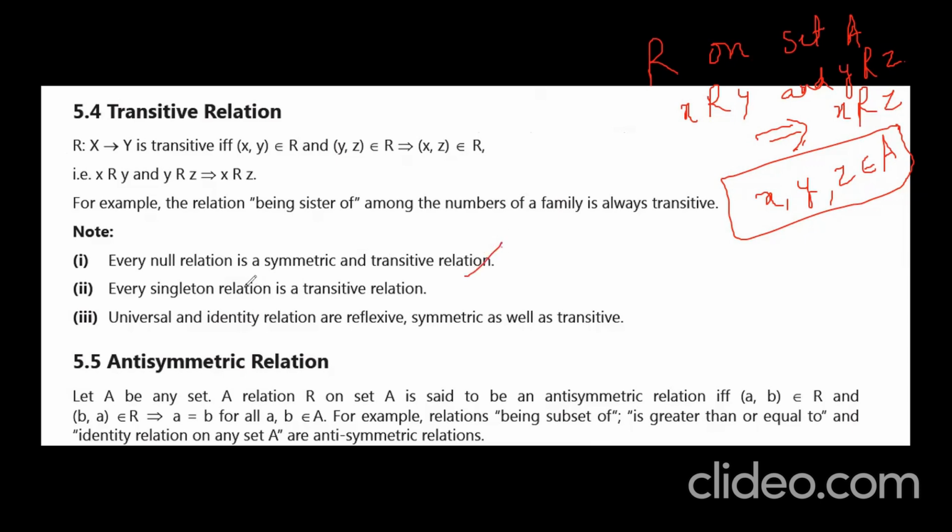Every null relation is a symmetric and transitive relation. No doubt it is symmetric, right? Null relation means nothing, so no doubt these two are going to happen.